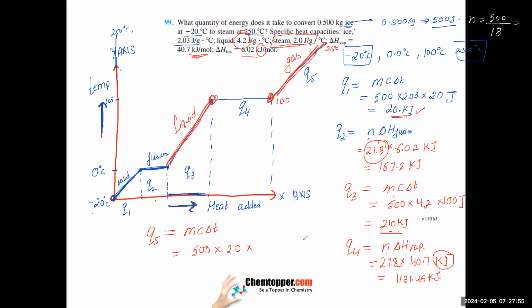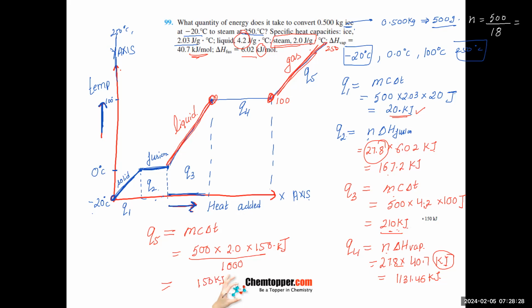So 250 minus 100, 150. Delta T is 150. And answer will be in joules. So convert this into kilojoules, divide by 1000. Then it will be in kilojoules. 150 kilojoules. Very good.